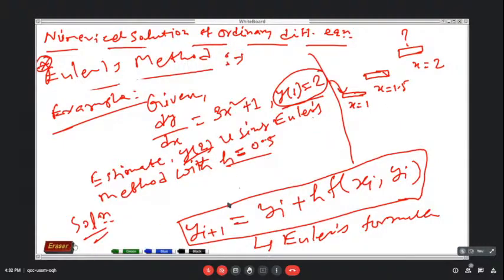Okay, so now how to find this? So we will use this formula, right? y(i+1) is equal to yi plus h into f(xi, yi). So now, at the initial values, or given initial values, what is that?